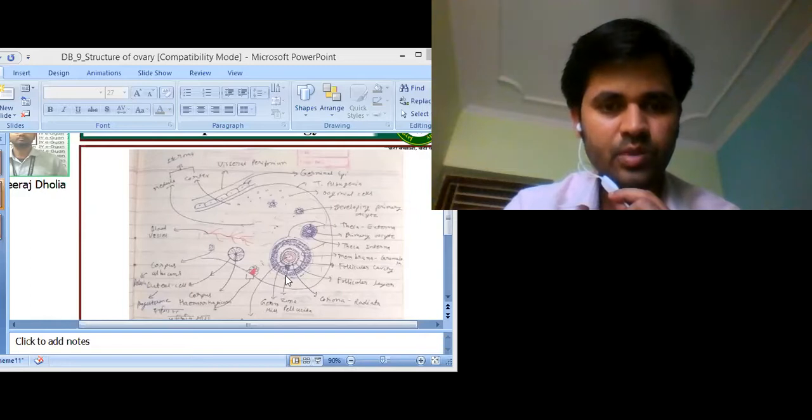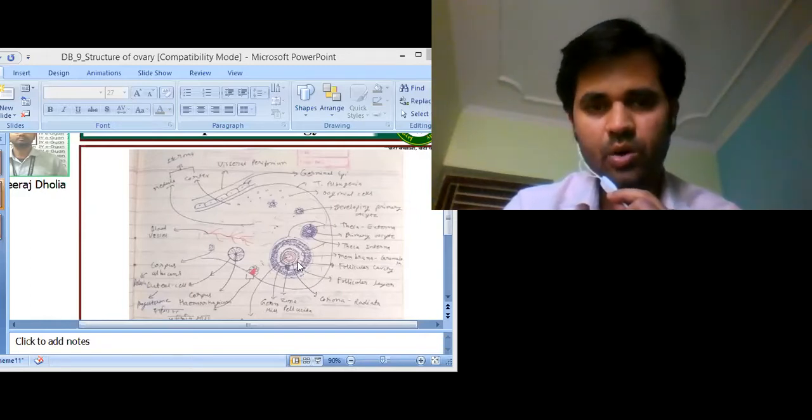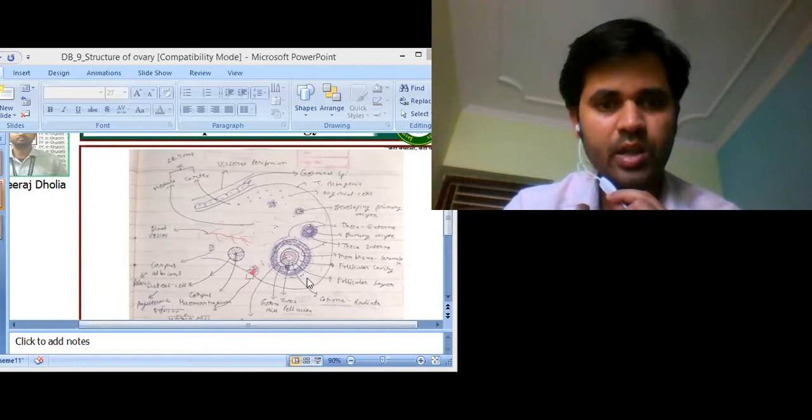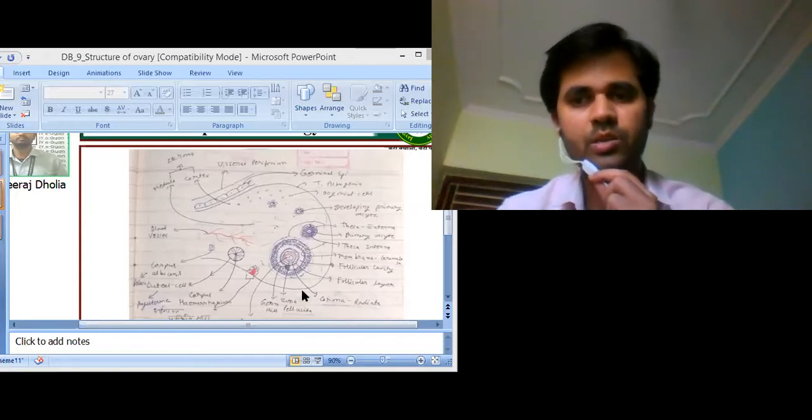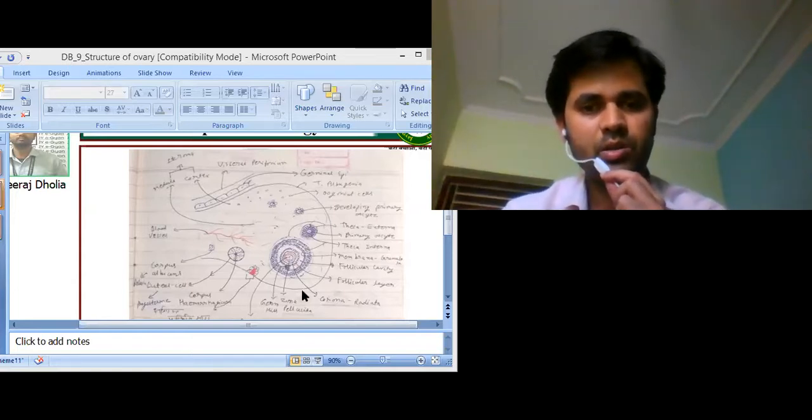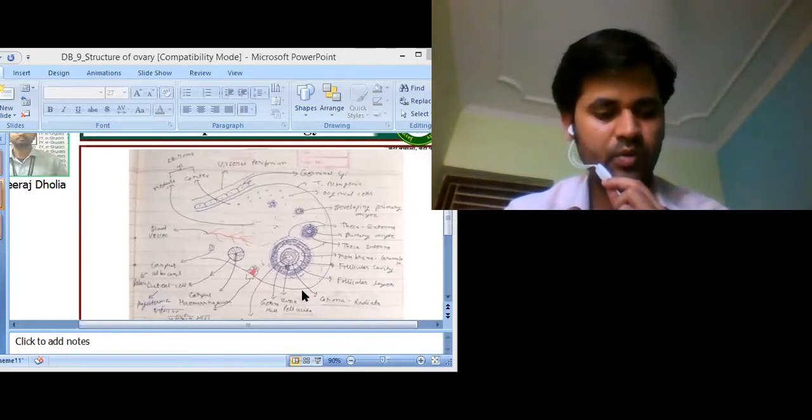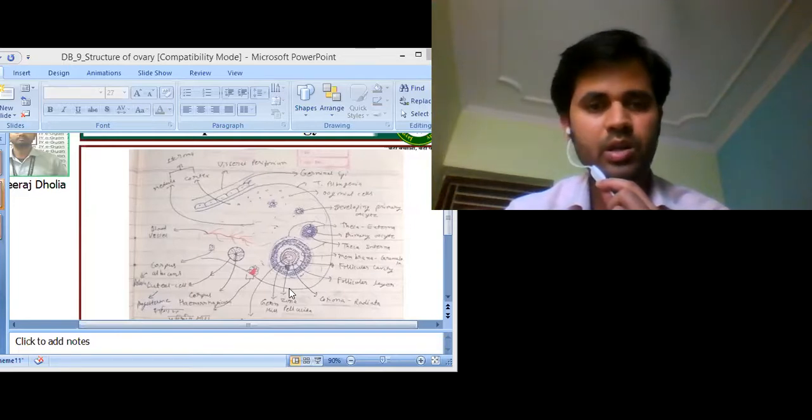The inner layer of cells and the outer layer of cells are connected through a connection known as the germ hill. Along with all these layers and membranes, the secondary oocyte is known as the Graafian follicle. After the formation of the Graafian follicle, the process of ovulation takes place.